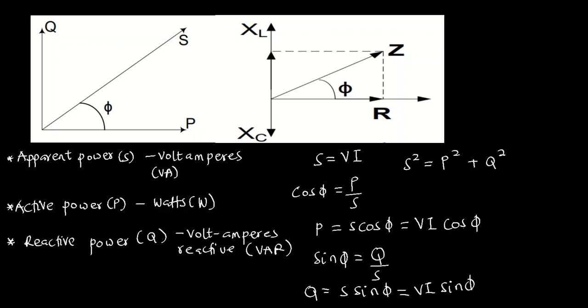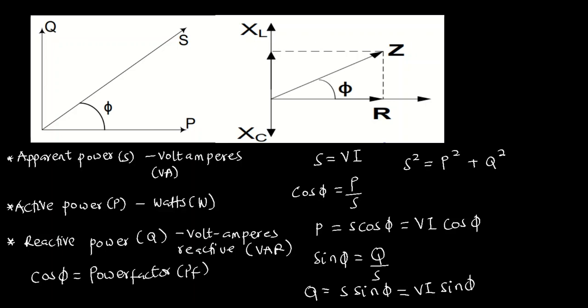Then let's go back to this cosine of phi. The cosine of phi is actually termed the power factor, which is usually represented with PF.